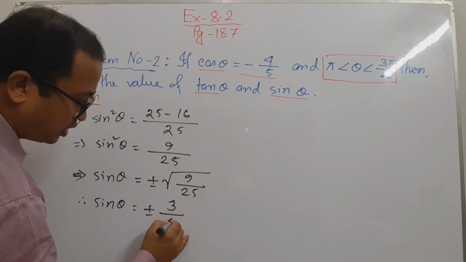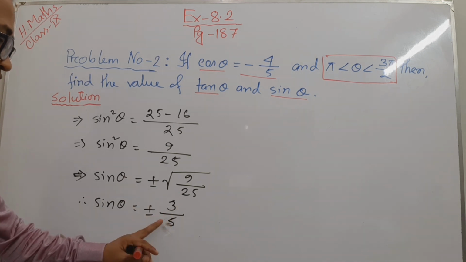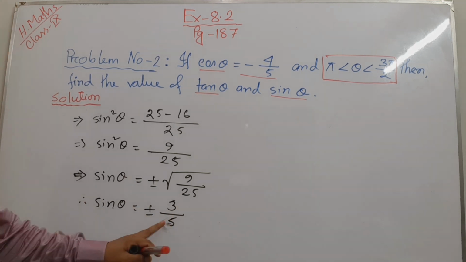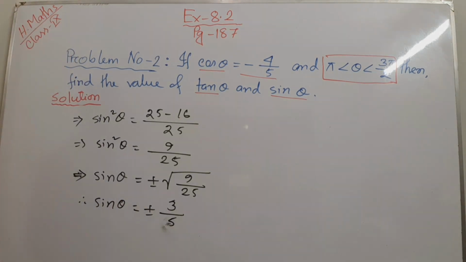We know the root of 9 is equal to 3 and the root of 25 is equal to 5. So the value of sin theta is plus minus 3 by 5.